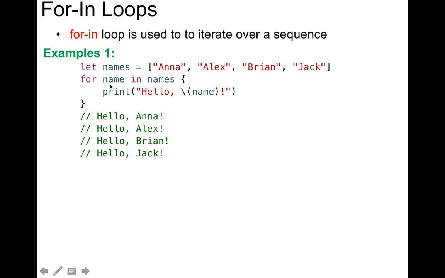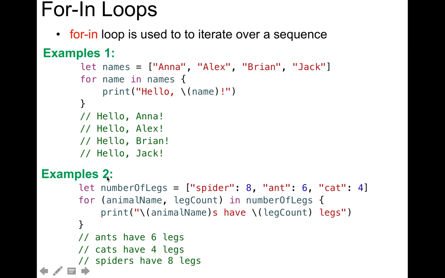For name in names, that means name will be each element in this array, and names is the array. So for each name in names, we do something. See here, that will print out all of the cases.